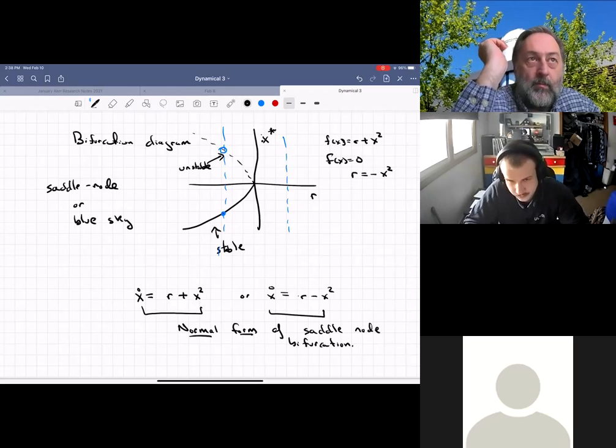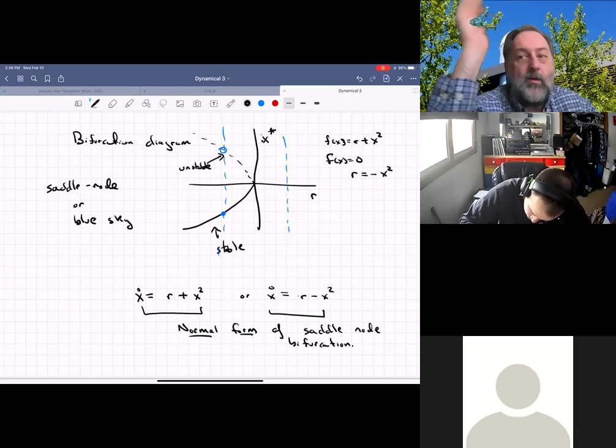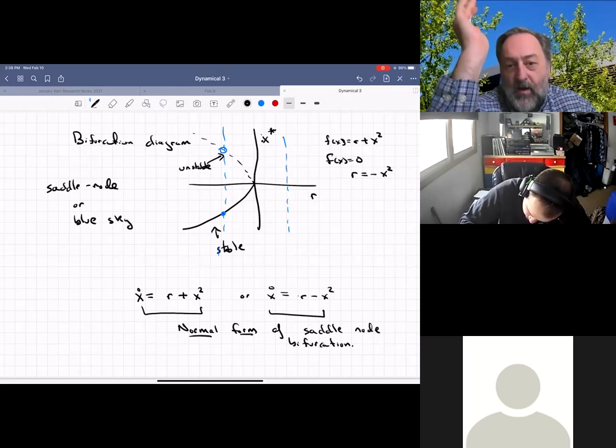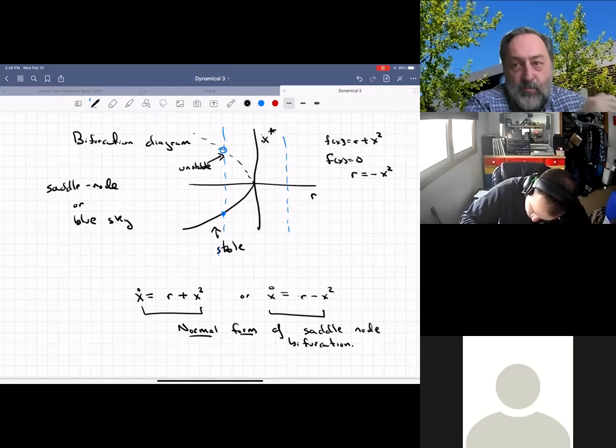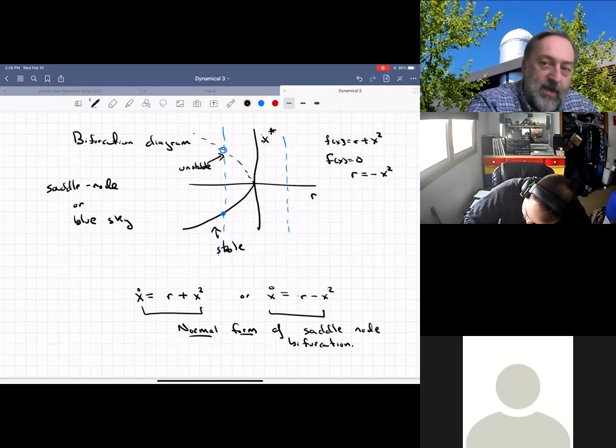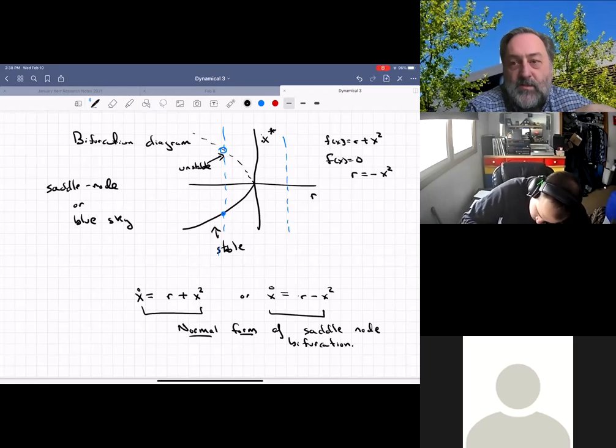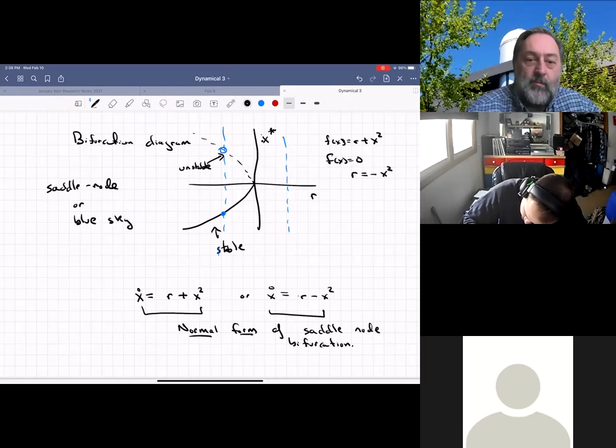You might have some other system that doesn't look like x dot is r plus x squared. But near the bifurcation point, you can do a Taylor series expansion, or change coordinates, and make the differential equation look like r plus x squared. So there's a change of coordinates, at least locally near the bifurcation point, where whatever differential equation you have becomes like r plus x squared.